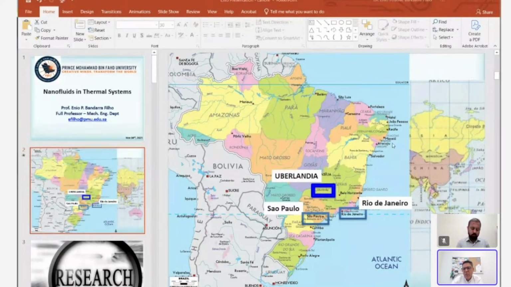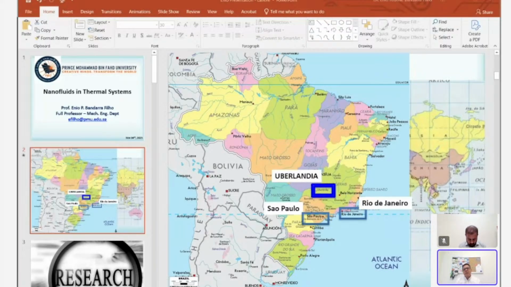We have this viscometer that we can measure the viscosity. Of course, we have the microscopy to see the dispersion, if the particles cluster or not, and the spectrophotometer that we use to analyze the stability along the way. So that's the basic equipment that you need to characterize your nanofluid after you make it.